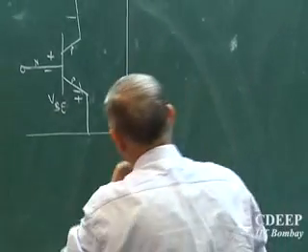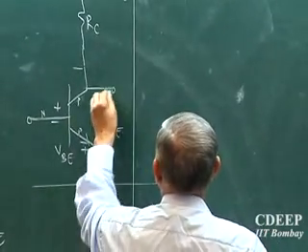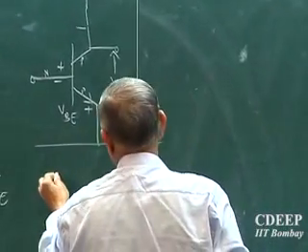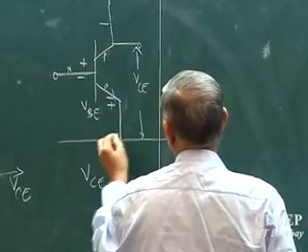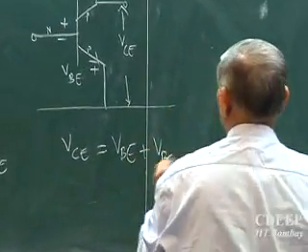Now, circuit wise, if this is the voltage I declared as VCE, by simple logic, simple electrical circuit, VCE is VBE plus VBC.